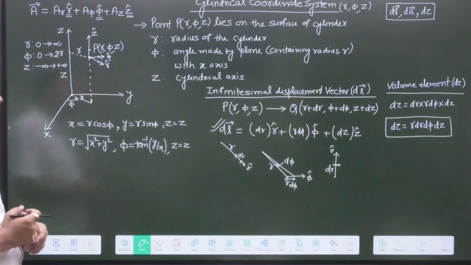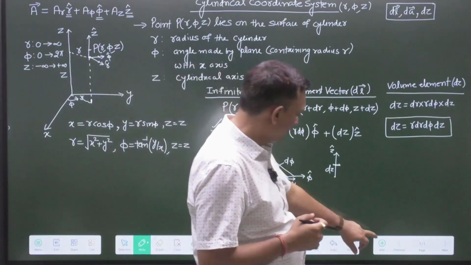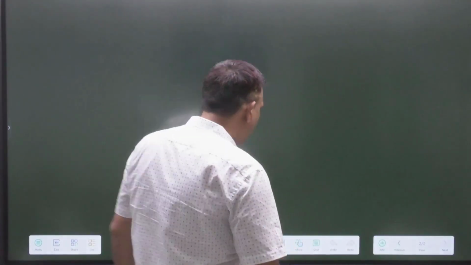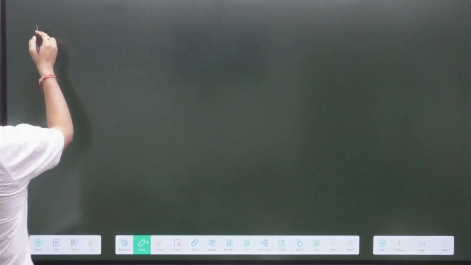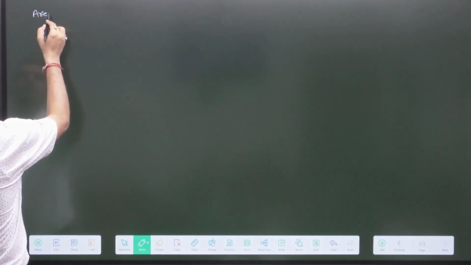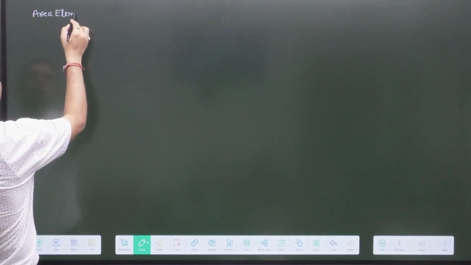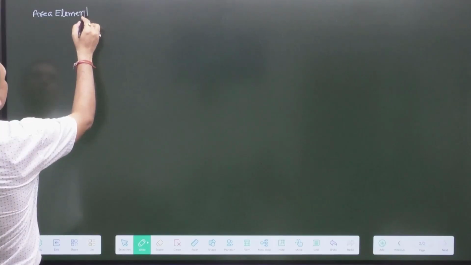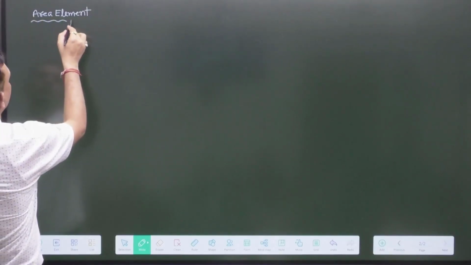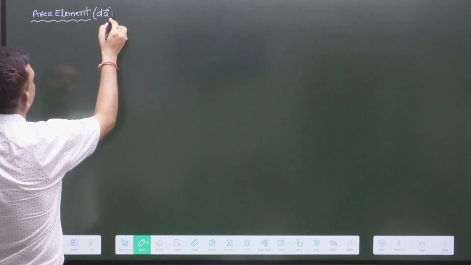Now we have to see how to write the area element on different surfaces. So the area element dA you have to write.